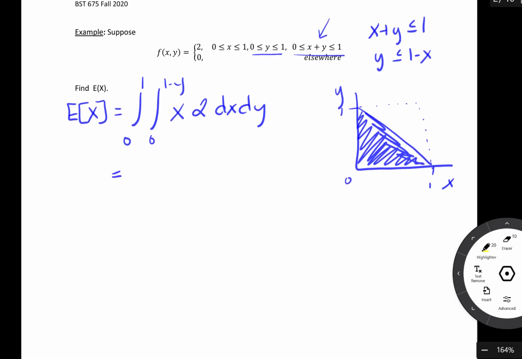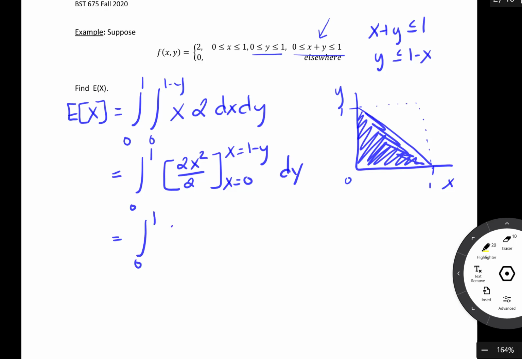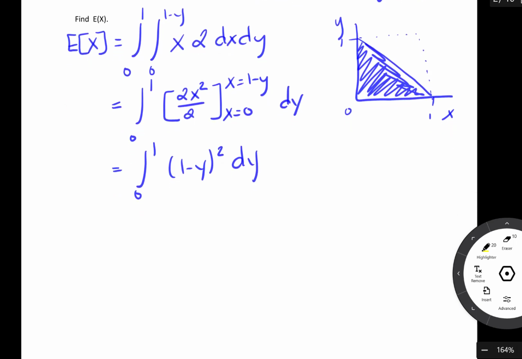So integrating first with respect to x, we get the following. And then next we're going to integrate with respect to y.